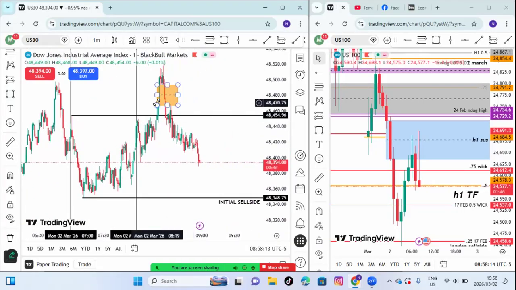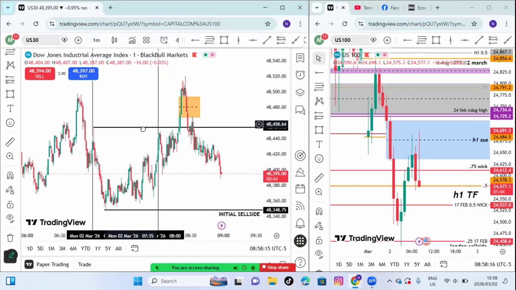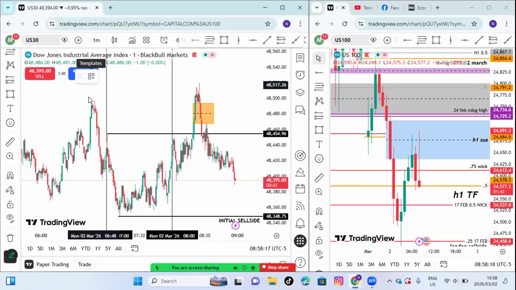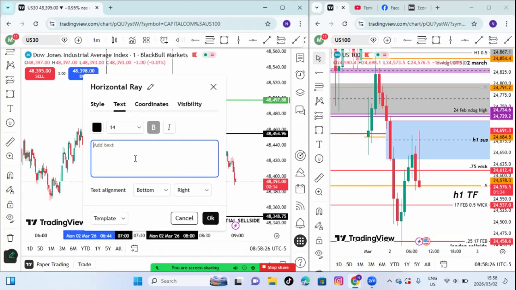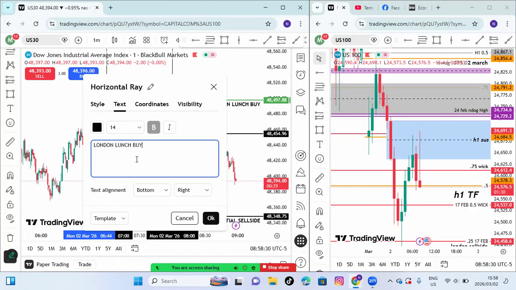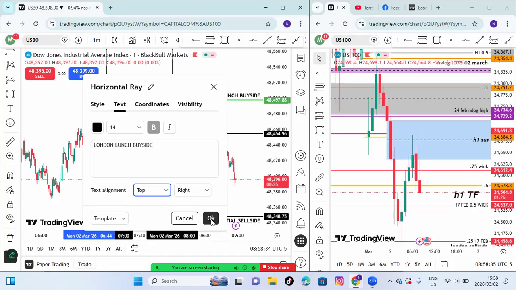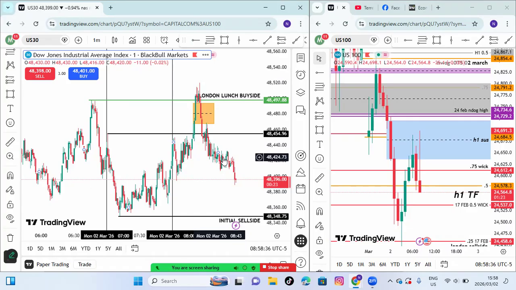This is initial buy side here, and then plus this before 7, that's your lunch in green, your London lunch buy side. So we took that out. That was one of the critical elements in this trade, right?